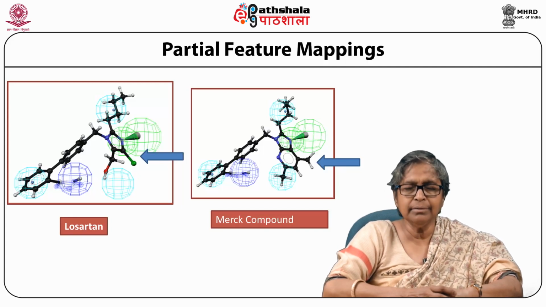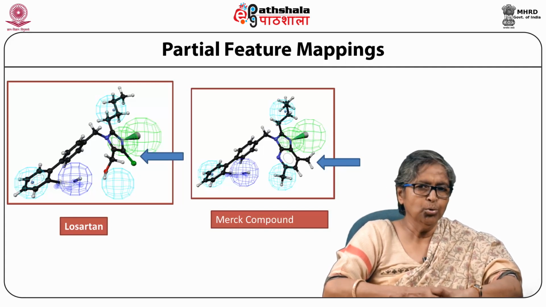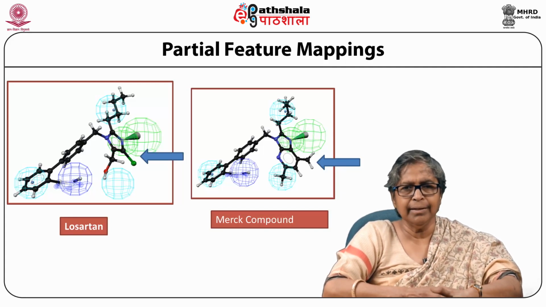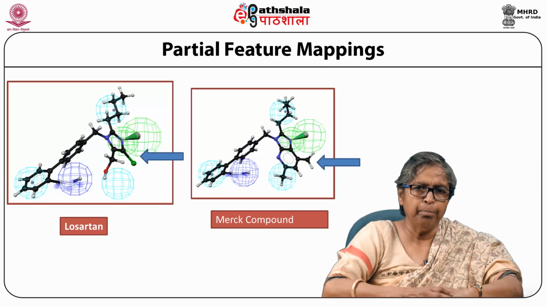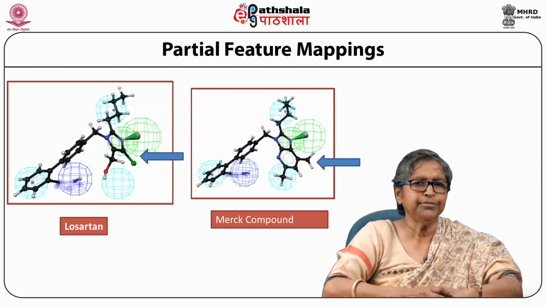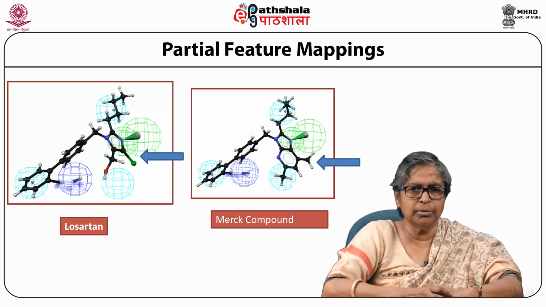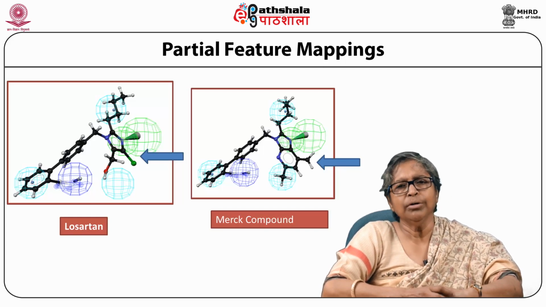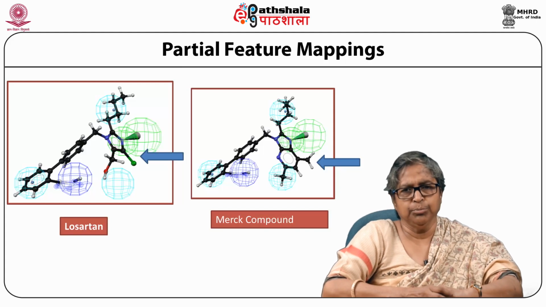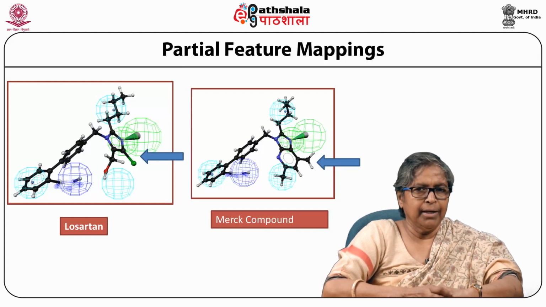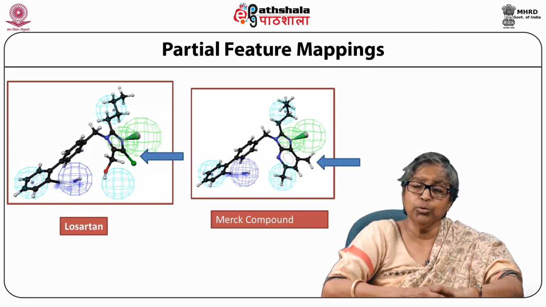If you notice, especially the blue side, the already existing compound does not fully map both the features shown by the arrows in green. However, the one on the right hand side fits both pharmacophore features. Hence, the new compound was found to be more active than the existing compound.